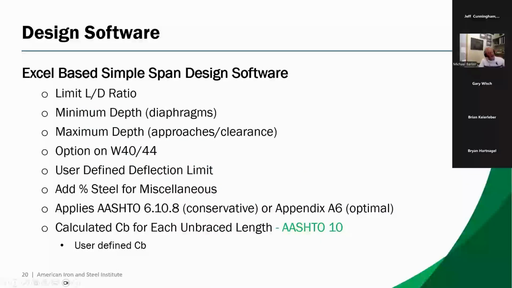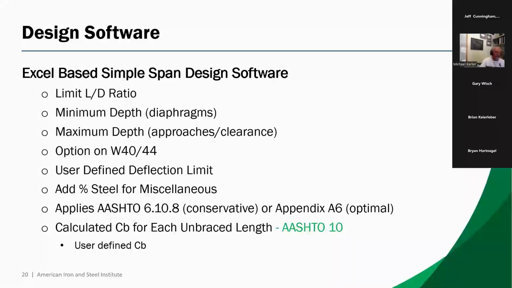And now here's the constraining that it'll do to give you the result that you want. For instance, we can limit the length over depth ratio, and we can say, hey, we don't want to look at anything less than 14 inches or a maximum depth. We don't want anything over a W21 because we don't want to change approaches or we have clearance issues.